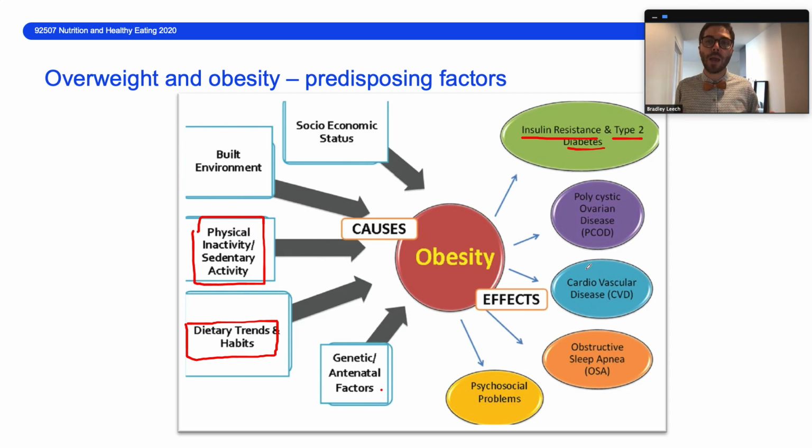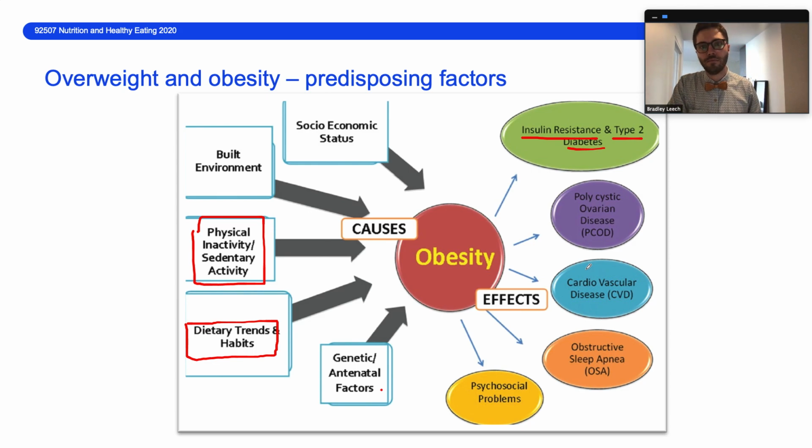There is a very high percentage of young females that have this, PCOS. Bearing in mind, you don't necessarily have to be obese or overweight to have an increased risk of polycystic ovarian disease.